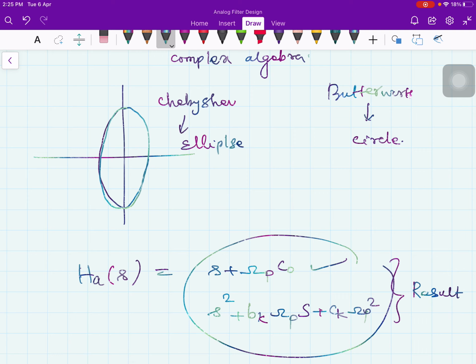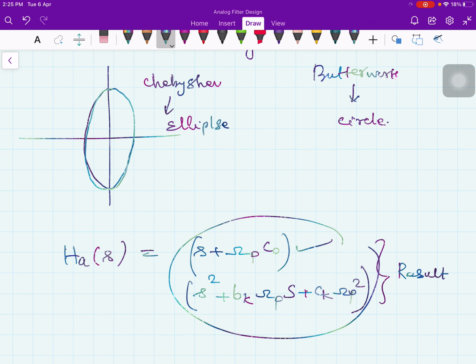So the first order factor would be like this, and the second order factor would be s squared plus bk omega p s plus ck omega p squared. In the Butterworth case we had simply s plus omega c, but here we have one additional factor c naught, so it is omega p multiplied by another constant c naught.